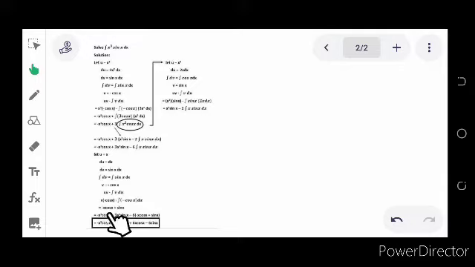So this one here, that's your final answer, the one inside the rectangle. So notice that there are 3 integration by parts that is involved here. So you just imagine the time that you have to allocate just to complete all these 3 integration by parts just to solve this very simple problem here.